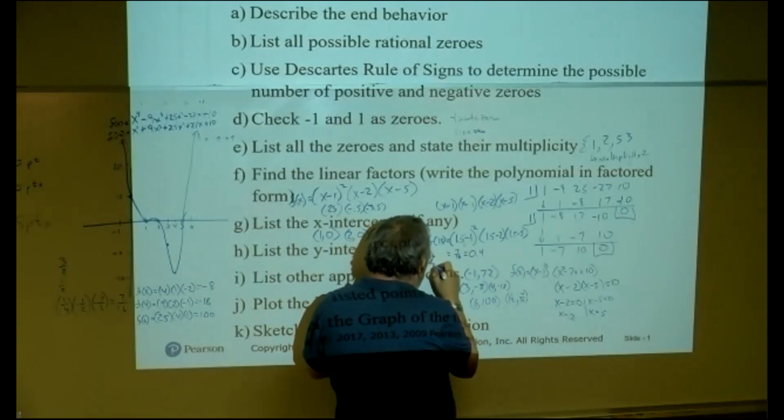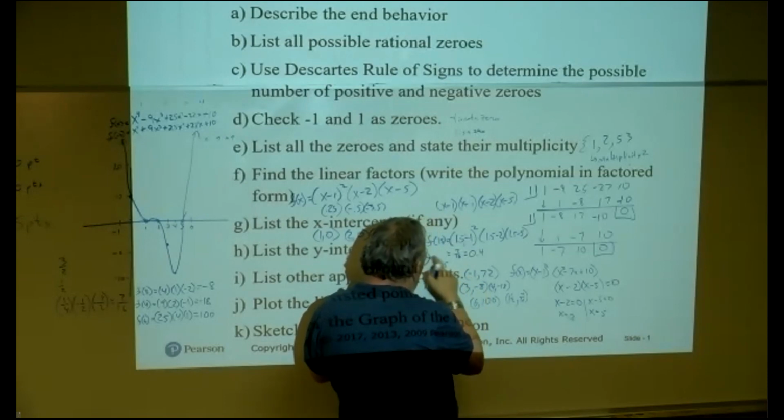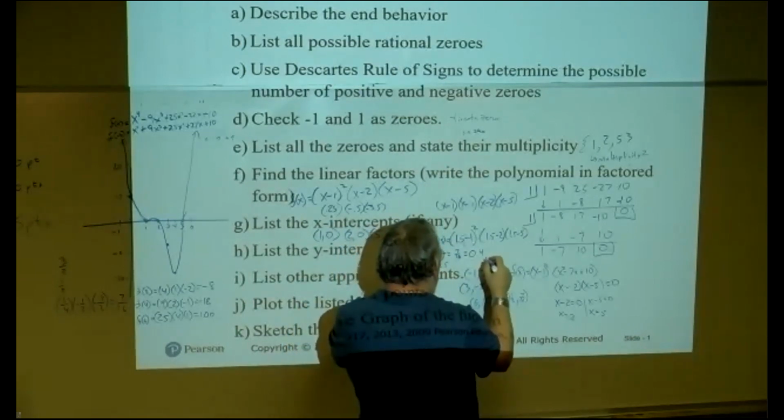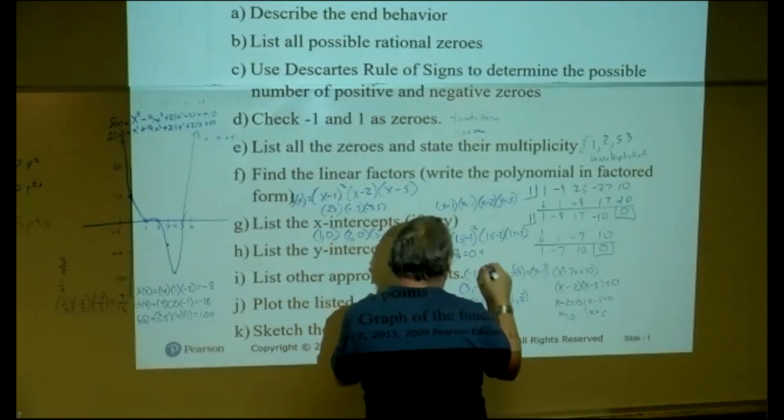1/8 is 0.125. Half of that is about 0.0675. Subtract that from 0.5, and that will be about 0.4325.